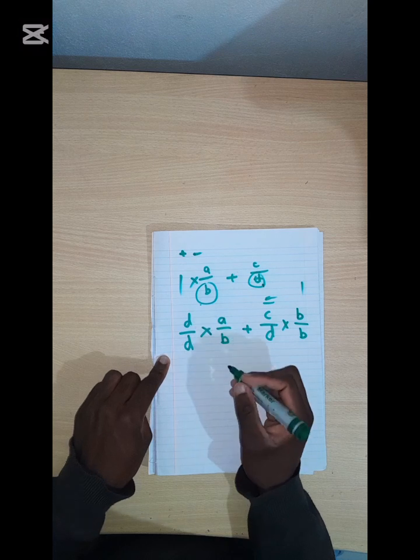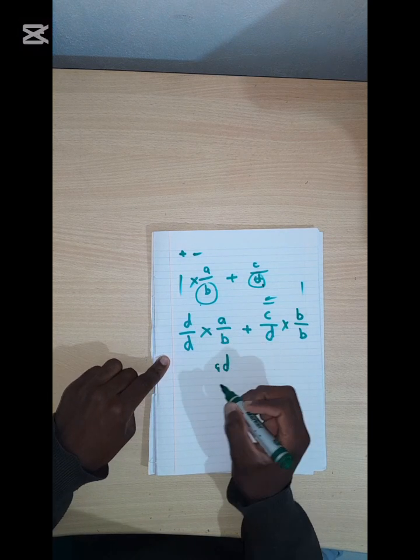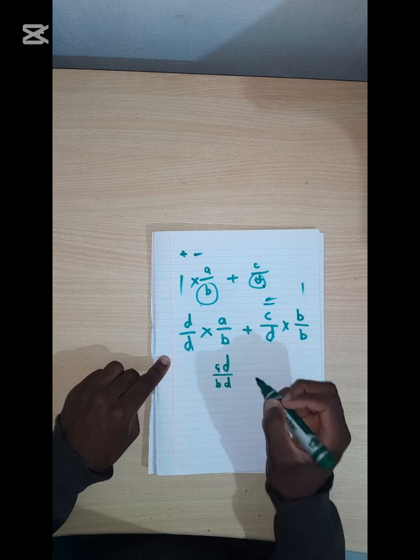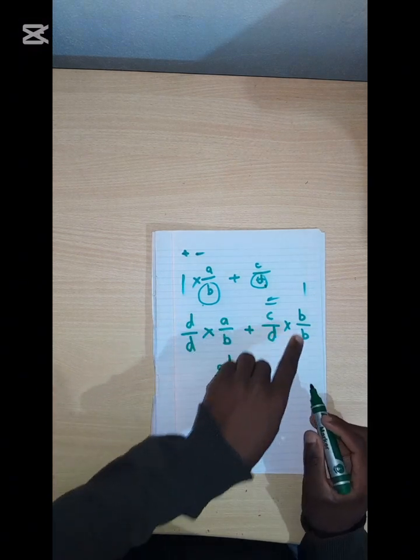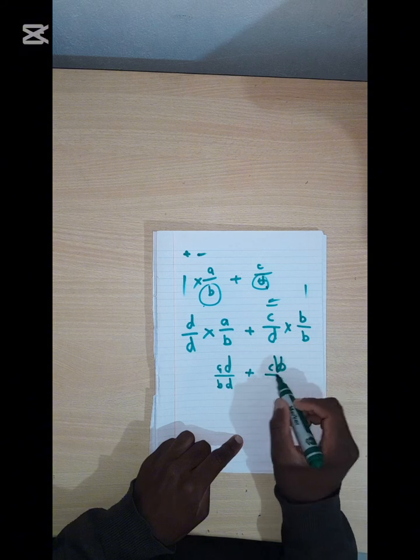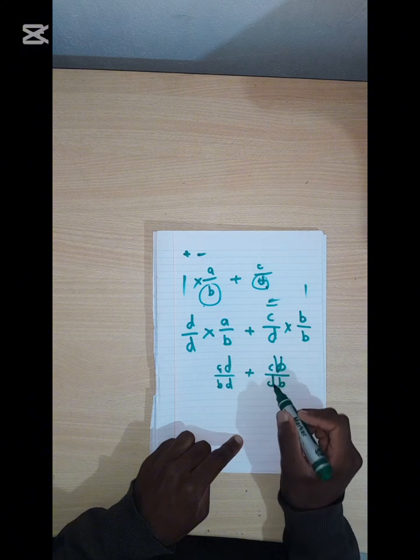So you have D times A, which gives AD. Then you have D times B, which gives BD. Plus, you have C times B, you get CB. Then you have D times B, you get DB.